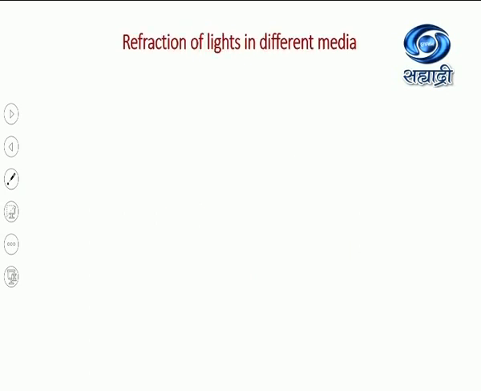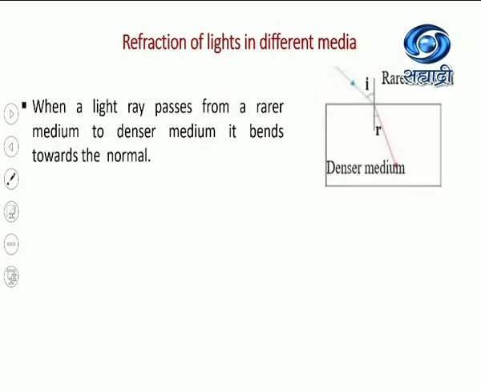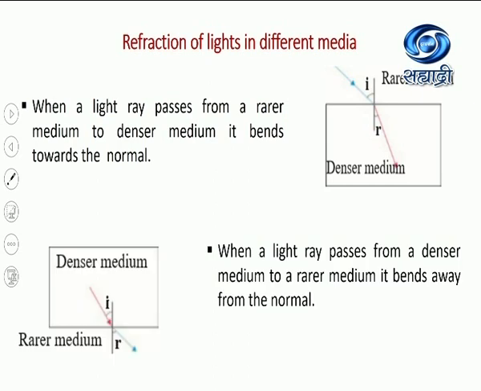Refraction of light in different media. When light passes from a rarer medium to a denser medium, it bends toward the normal. When a light ray passes from a denser medium to the rarer medium, it bends away from the normal.